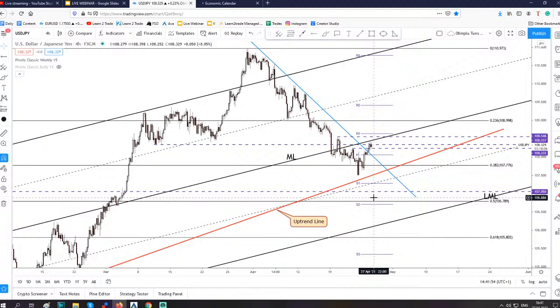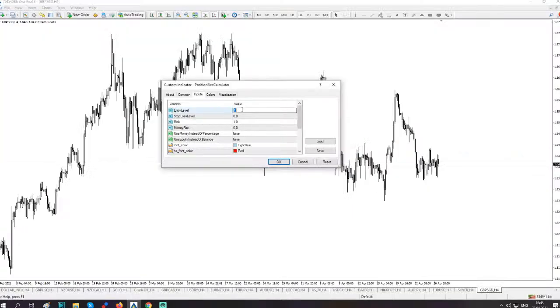We'll place a buy stop at 1.8475, and we'll use a stop loss at 1.8360.